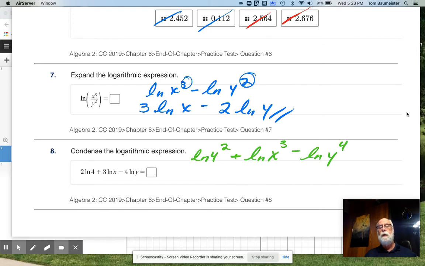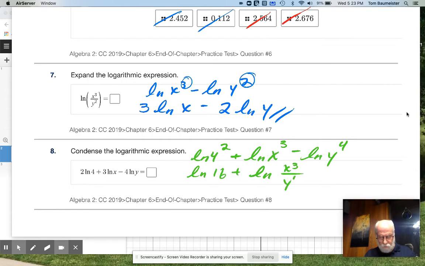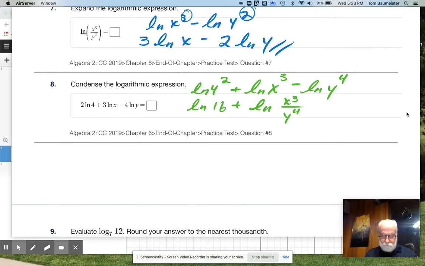So now I'm going to look at this, and I'm going to take these two together. All right? So now to get them together, minus means I'm going to divide. And 4 squared is 16. So just go ahead and write that as the natural log of 16 plus, we just said what? The natural log of x cubed on the top. Y raised to the 4th power is going to be on the bottom.